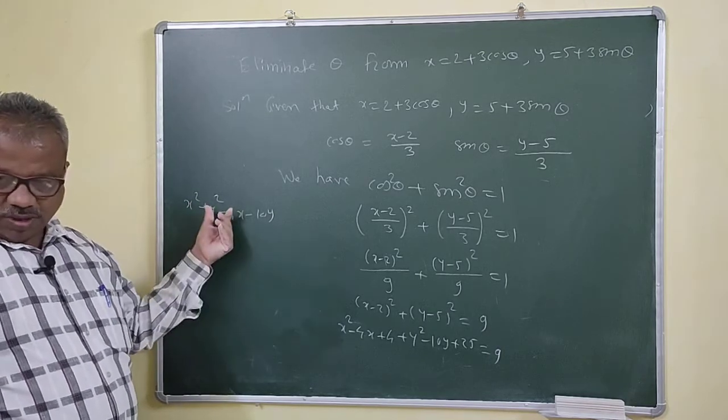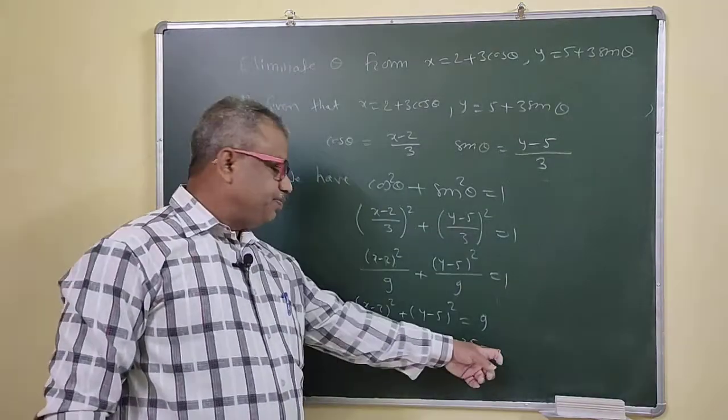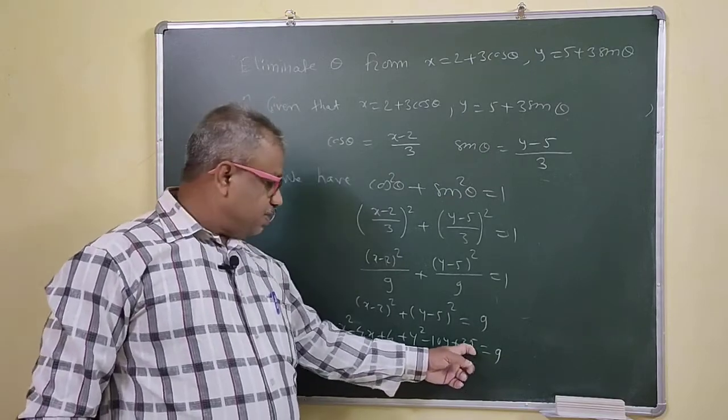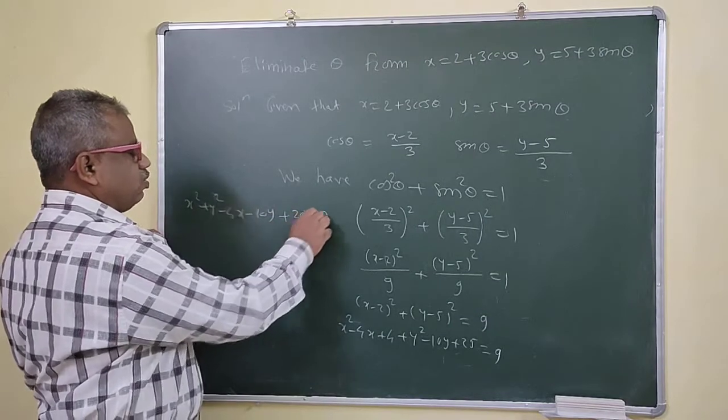There is no term of xy. Then x, then y, and then the constant. So 9 will be here. Then it will be 16, and 16 plus 4 is 20. So plus 20 is equal to 0.